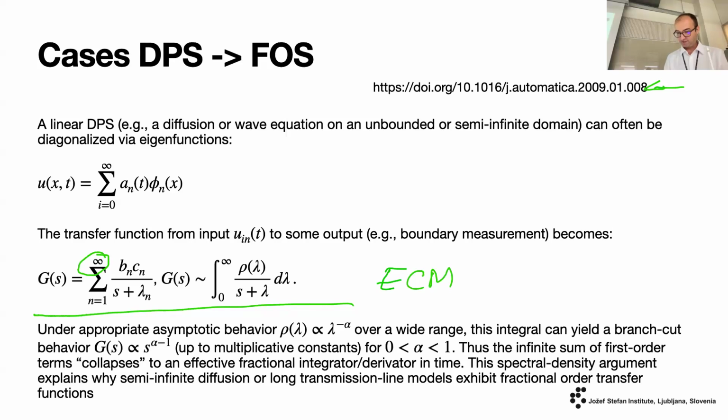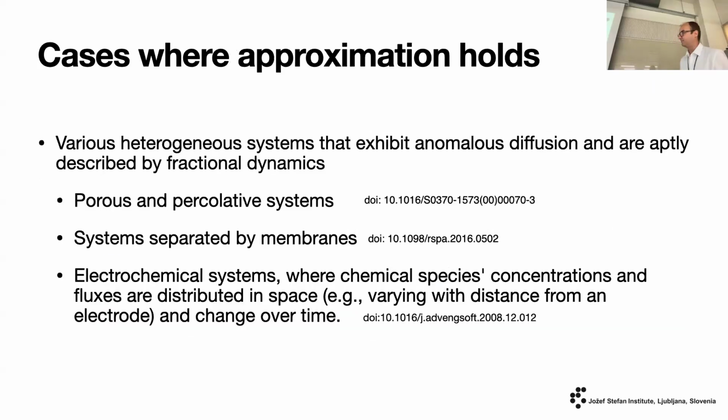So why is this important? Well, electrochemical systems, where chemical species and fluxes are distributed in space, which is what we have, are a class of systems where we can do this approximation.